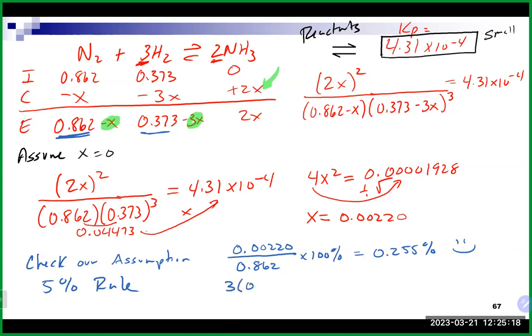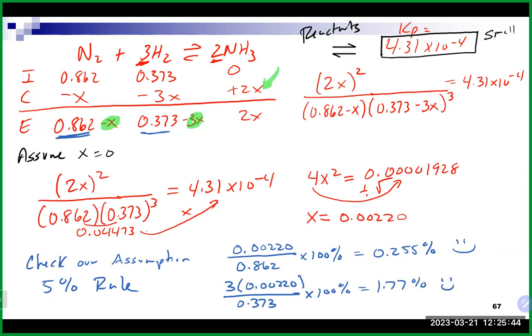So 3 times X divided by the initial concentration times 100%. And if you did that, 3 times 0.00220 divided by 0.373 times 100 gets you about 1.77%, which is also still less than 5%.